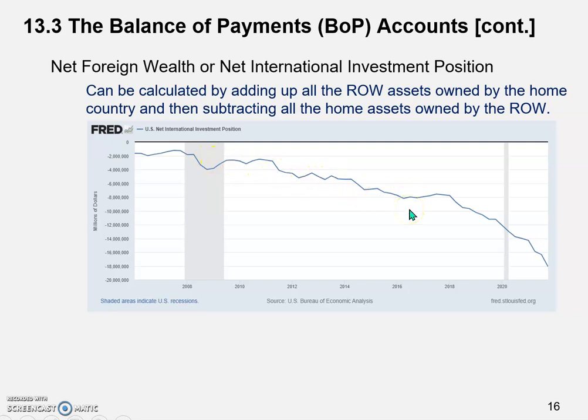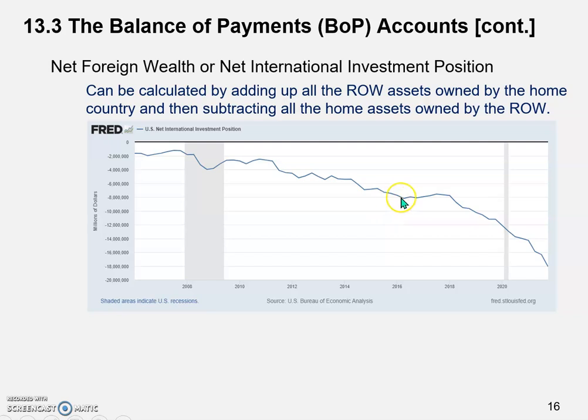We could say that, right, further and further below the zero line, right? And of course, this is because, as we just mentioned, over time we have larger and larger current account deficits. Okay, so we have to borrow more and more. All right, that's why this number gets larger as a negative.